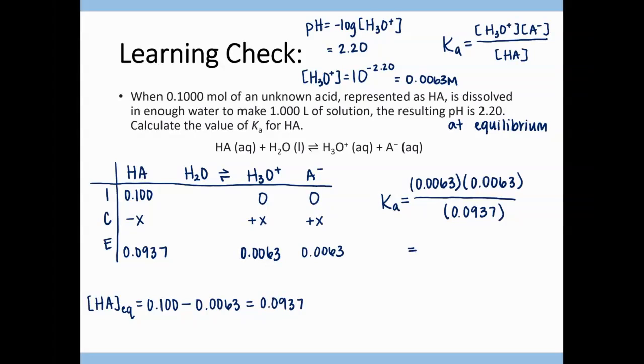And then this is equal to 4.24 times 10 to the negative 4.